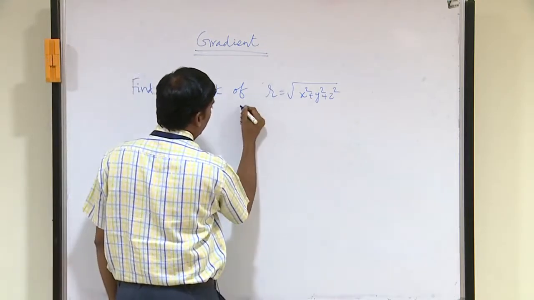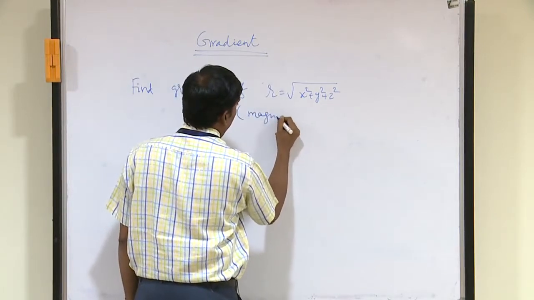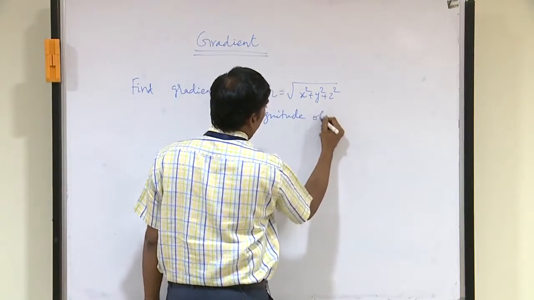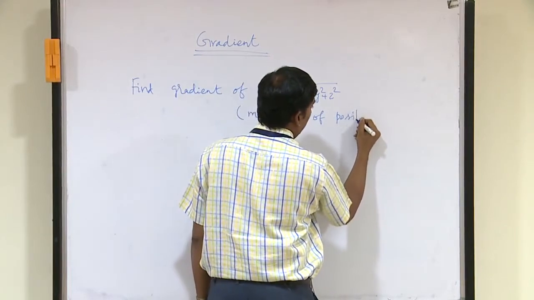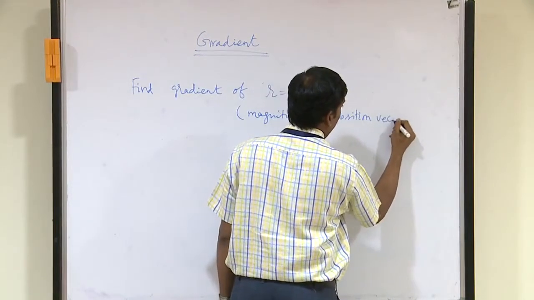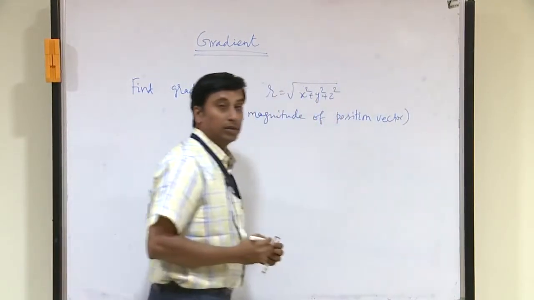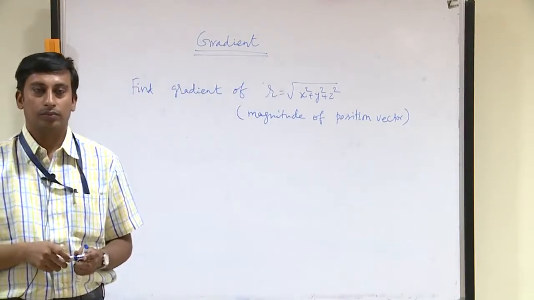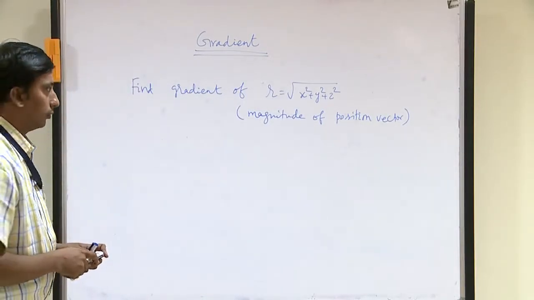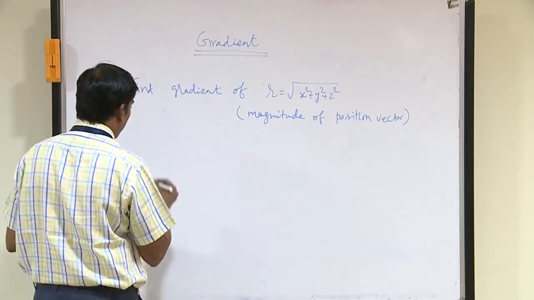What is R? Magnitude of position vector. So what we need to find?